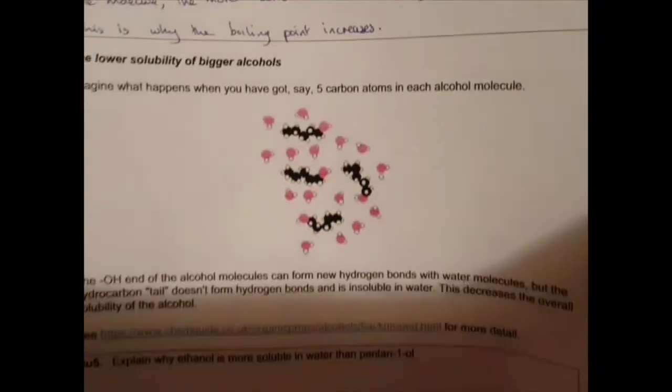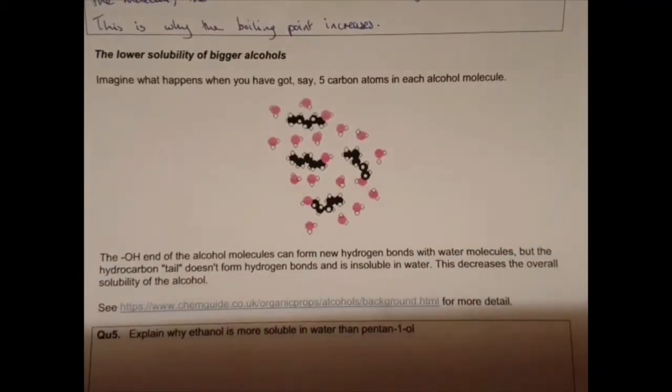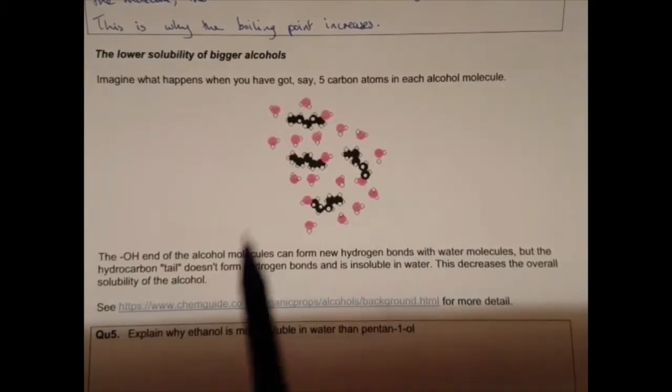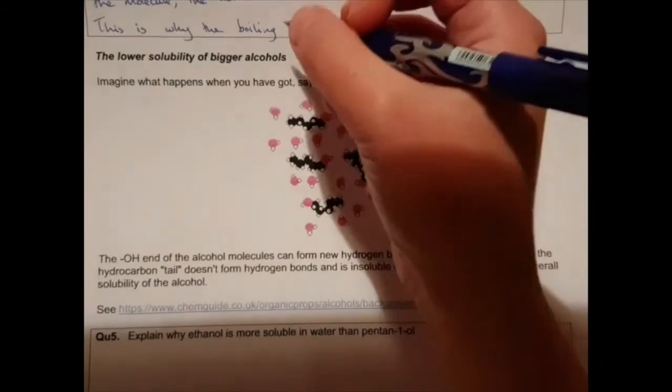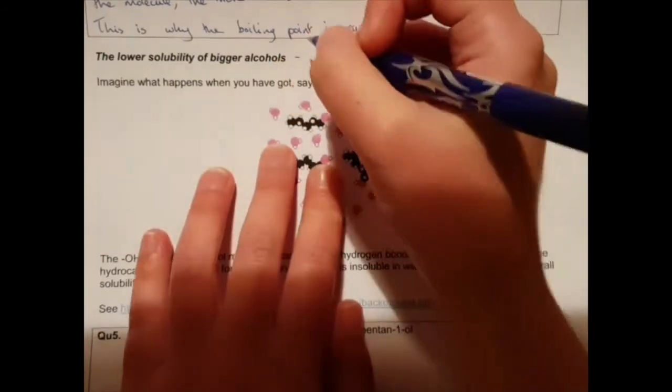Okay, and then we're going to move on to the lower solubility of bigger alcohols. So on the previous page we already said that ethanol has high solubility in water. Ethanol is soluble in water, but when we get longer alcohol chains, the alcohols tend to decrease in solubility, so it might be worth adding that note in here.